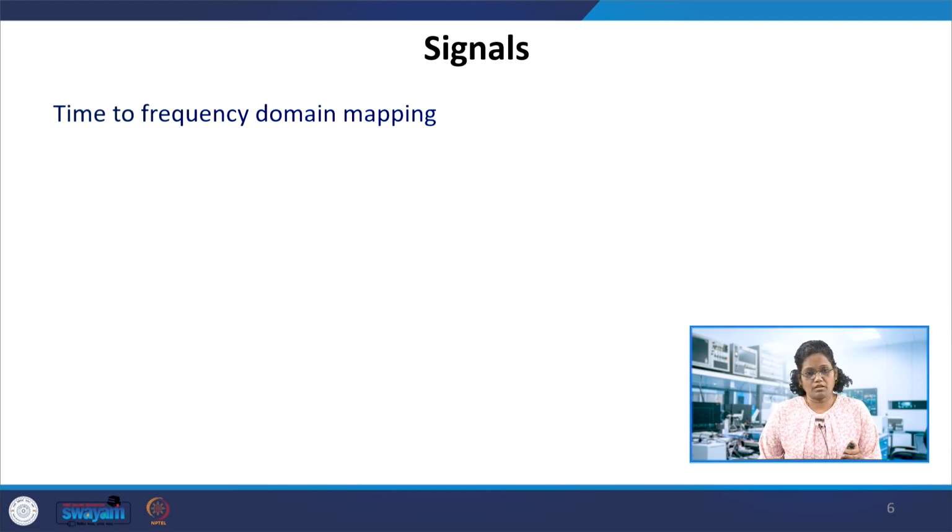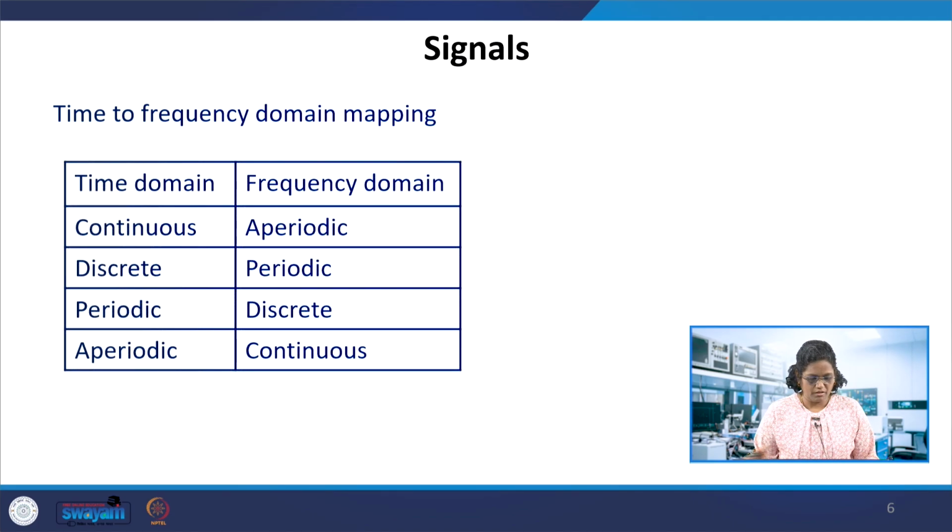Before learning the Fourier transforms, we need to know the time and frequency domain mapping. In the time domain, if the signal is continuous, we apply a Fourier transform or Fourier series, depending on whether it is periodic or aperiodic.